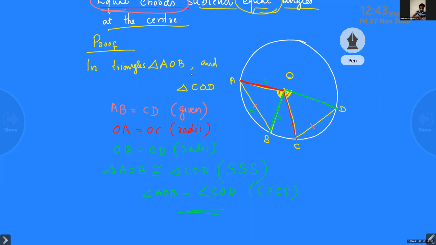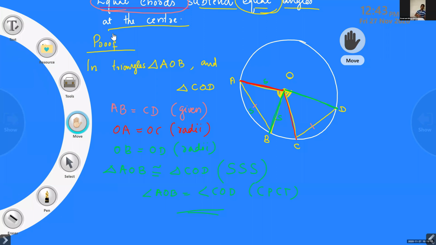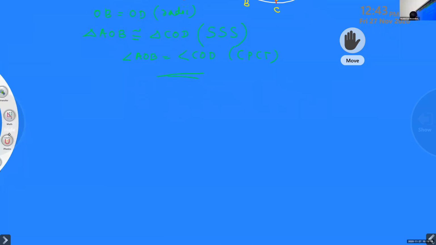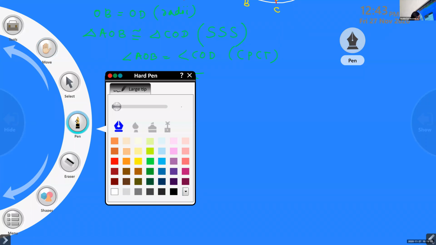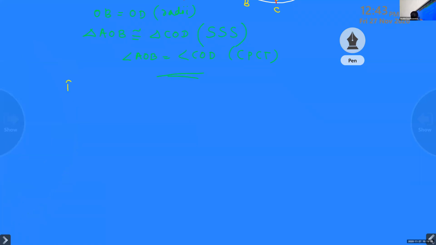Shall I give that? I'll scroll the board. Okay, theorem 2. Theorem 2 is the converse of theorem 1. Converse, you understood, no? It's the reverse of the theorem.